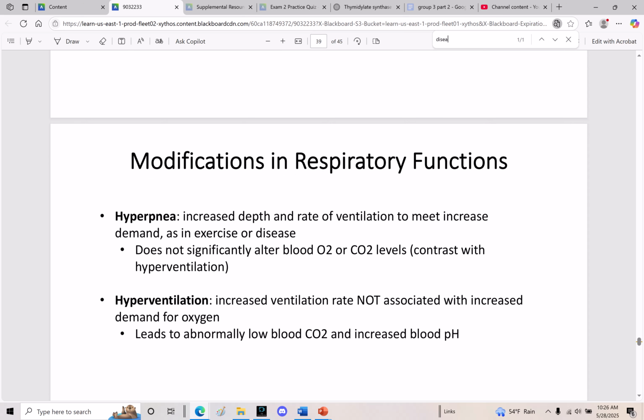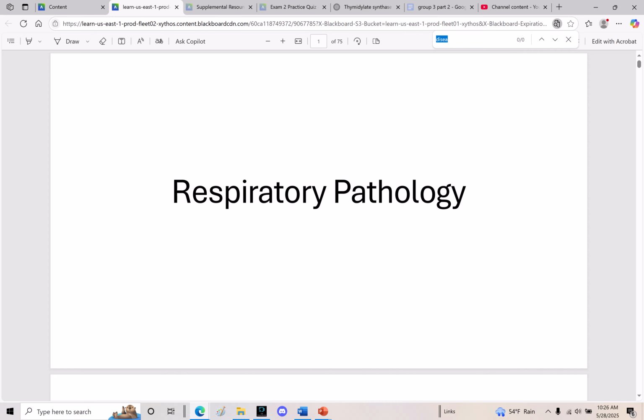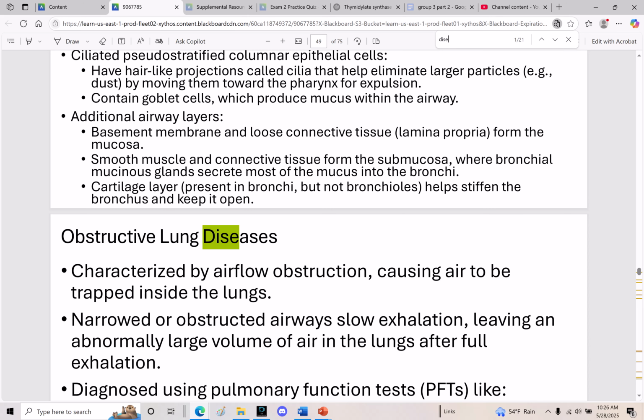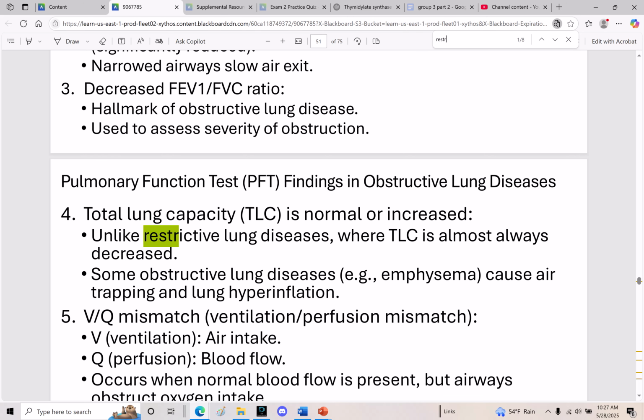That's important because when I come and talk to you about the volumes, I want you to keep in mind that we started with a low volume, because this patient is not able to inhale. Their volumes are going to be low, right? Their TLC is going to be low, their vital capacity is going to be low, because they are not able to fill the lungs.